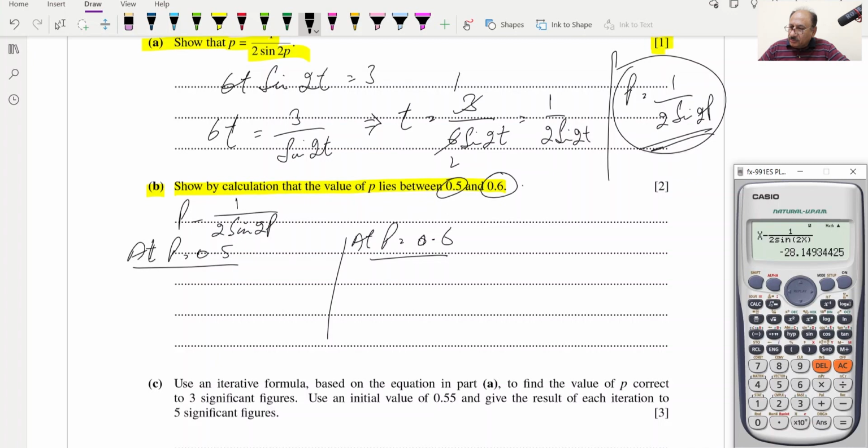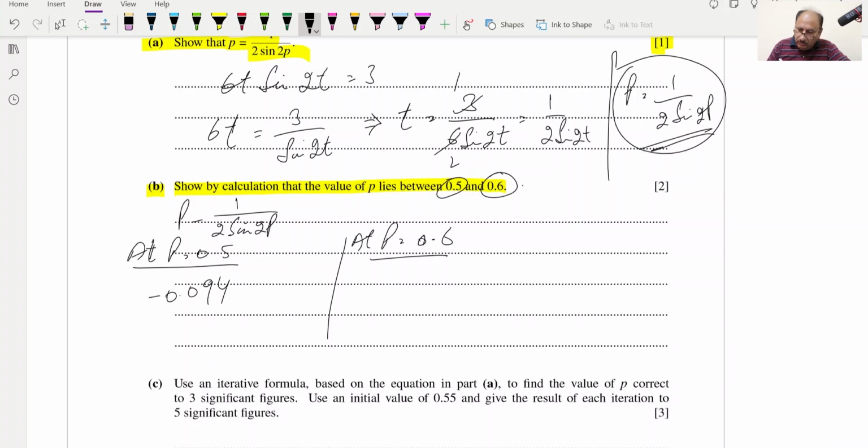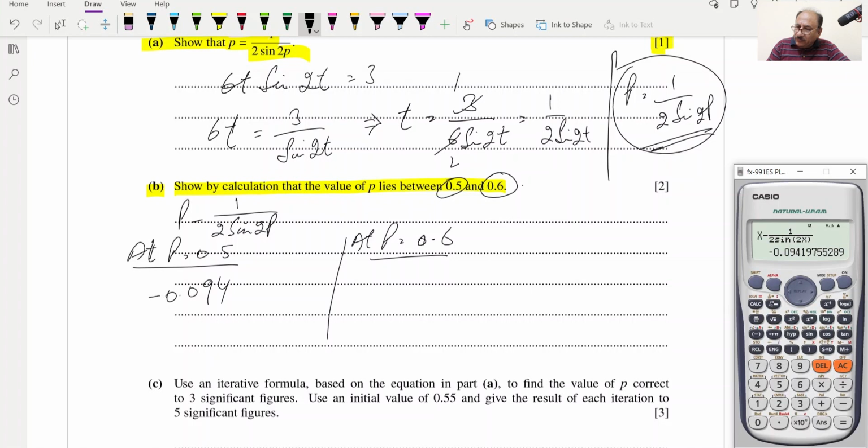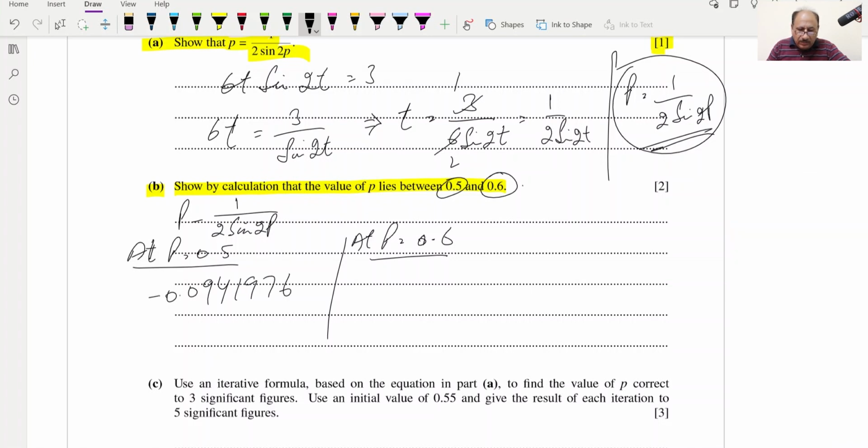I'll have to type again, I think so. So this will be x minus 1 over 2 sine of 2x, bracket close, and calculate for x is equal to 0.5, and we will get minus 0.094 and further digits 1976, and this is negative.